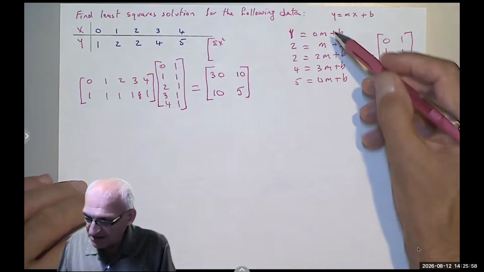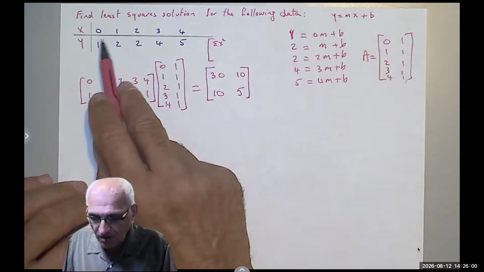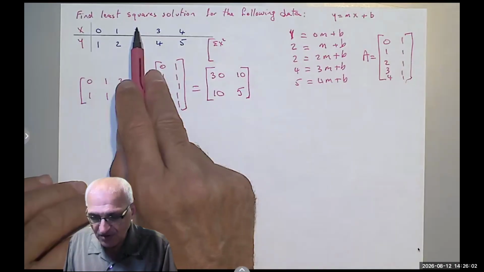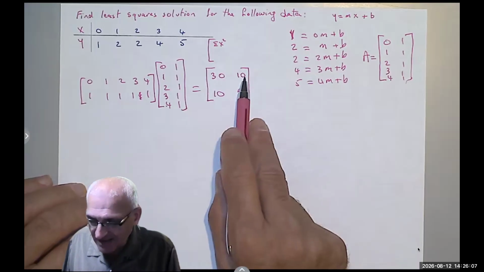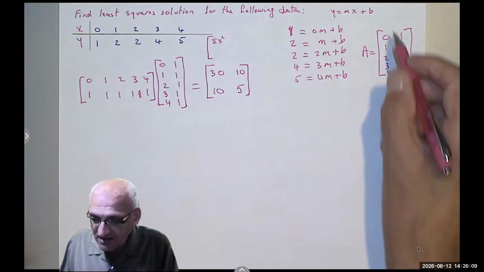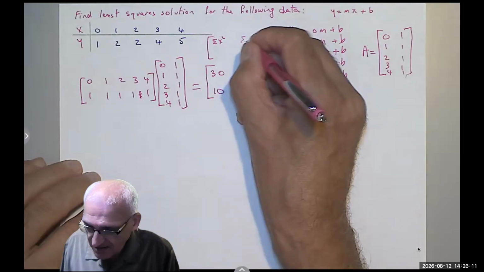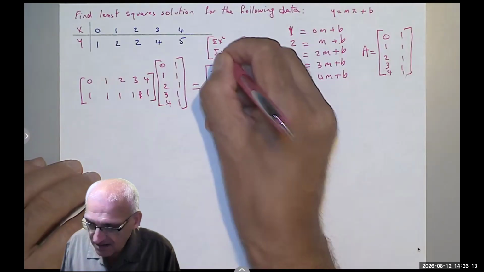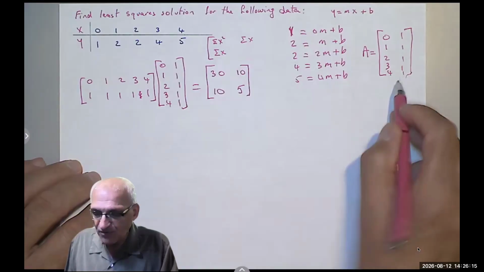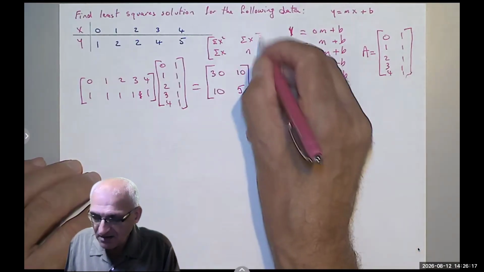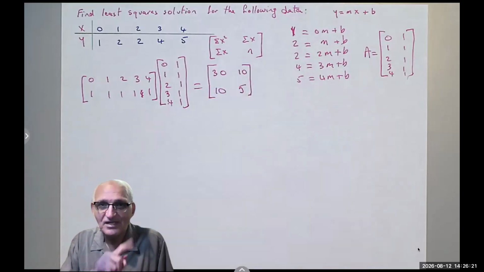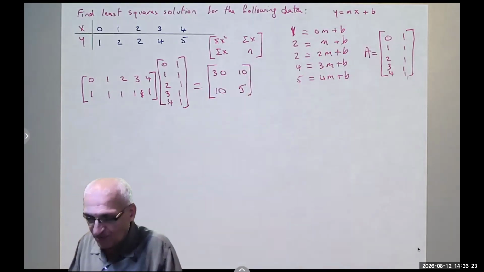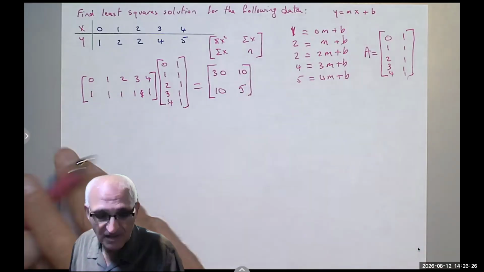The x's here were 0 squared plus 1 squared plus 2 squared, which is the 30. And this guy is the sum of the x's. And this is just the number of points, n.